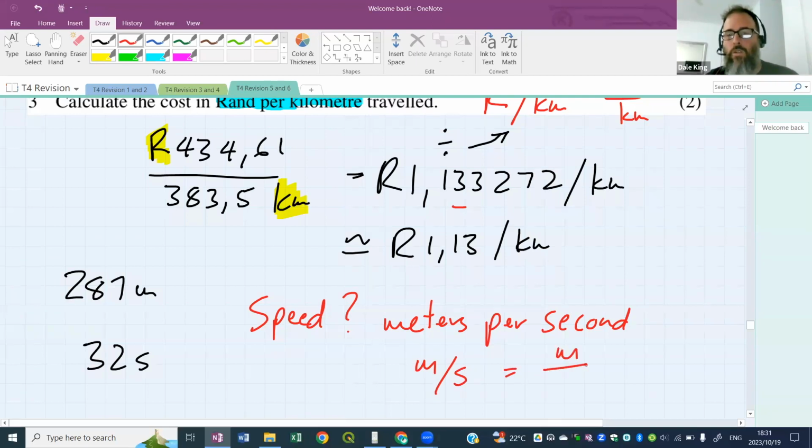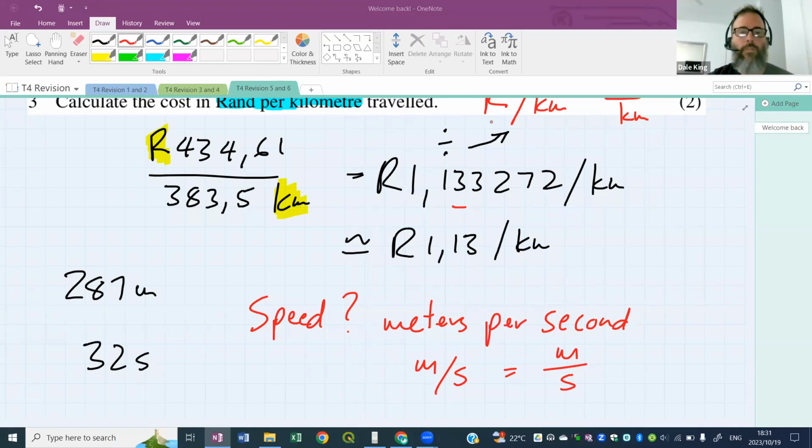So what you actually need to do is put your meters over your seconds. That'll give you your speed. So the units that they give you in the question actually are a hint on what you need to do.